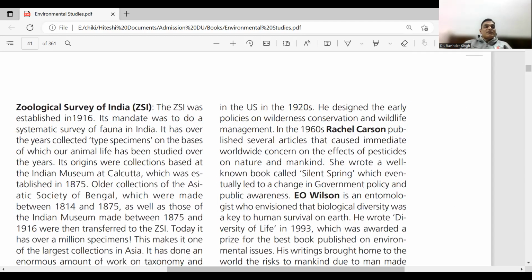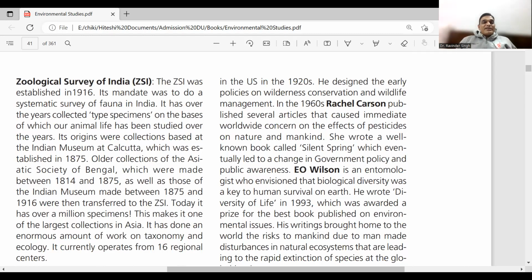Next one is Zoological Survey of India, ZSI. The ZSI was established in 1916. Its mandate was to do a systematic survey of fauna in India. It has over the years collected type specimens on the basis of which our animal life has been studied.